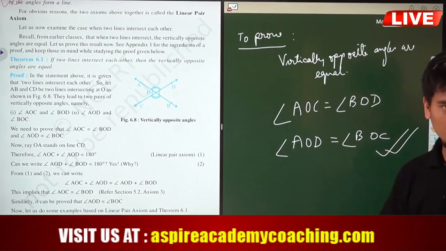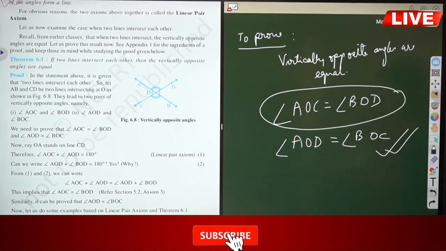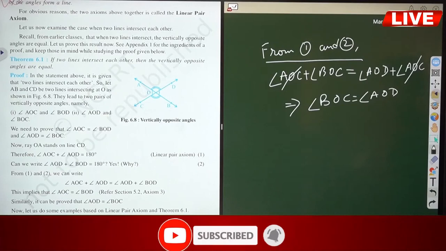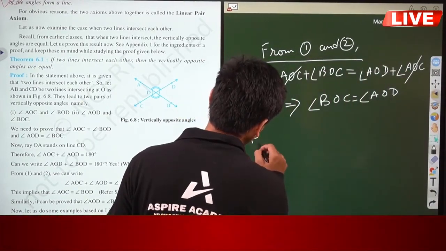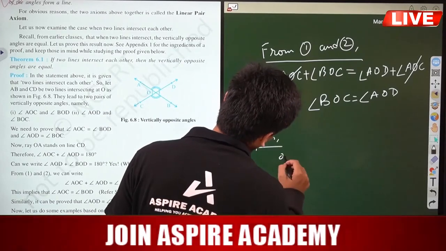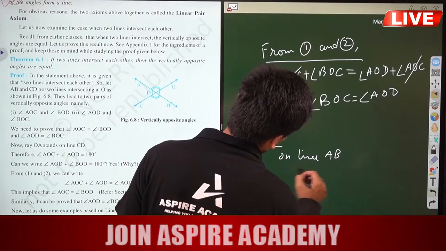Next, we need to prove angle AOC is equal to angle BOD. So again, on line AB.